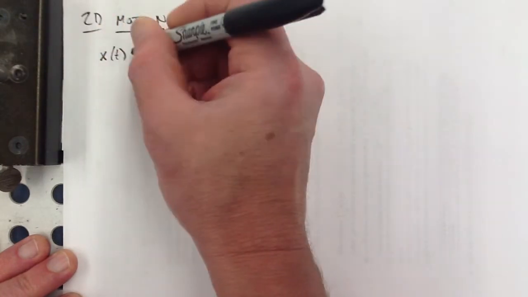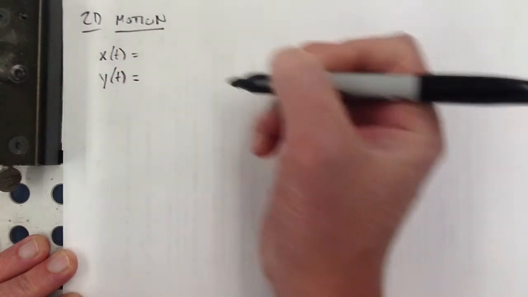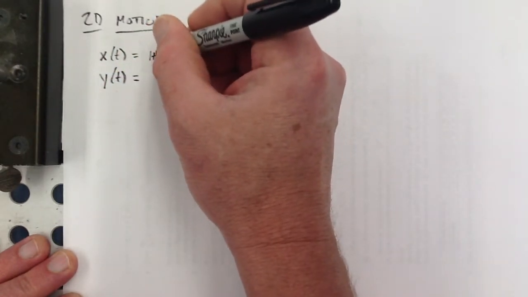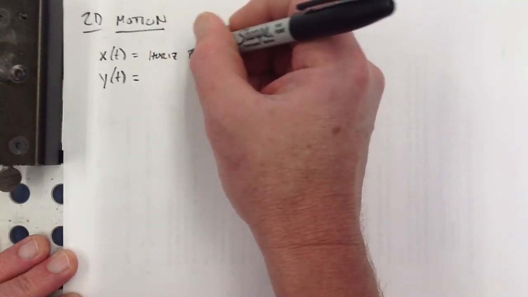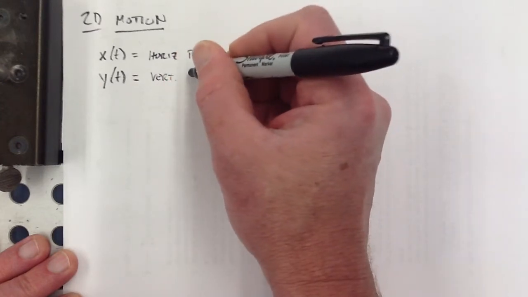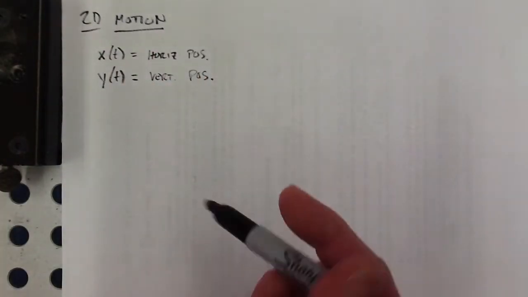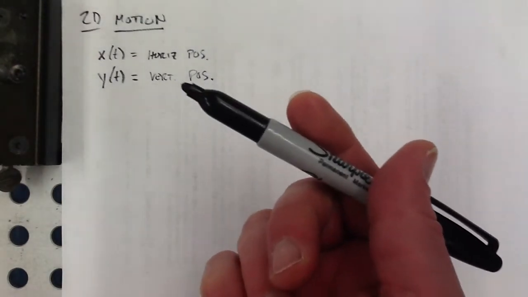If x of t and y of t are parametric equations for the horizontal position and the vertical position of some object, then we're talking about parametric equations, but in physics and two-dimensional motion. This is really not anything new. In fact, we've been doing this since really chapter 4 in physics a long time ago.